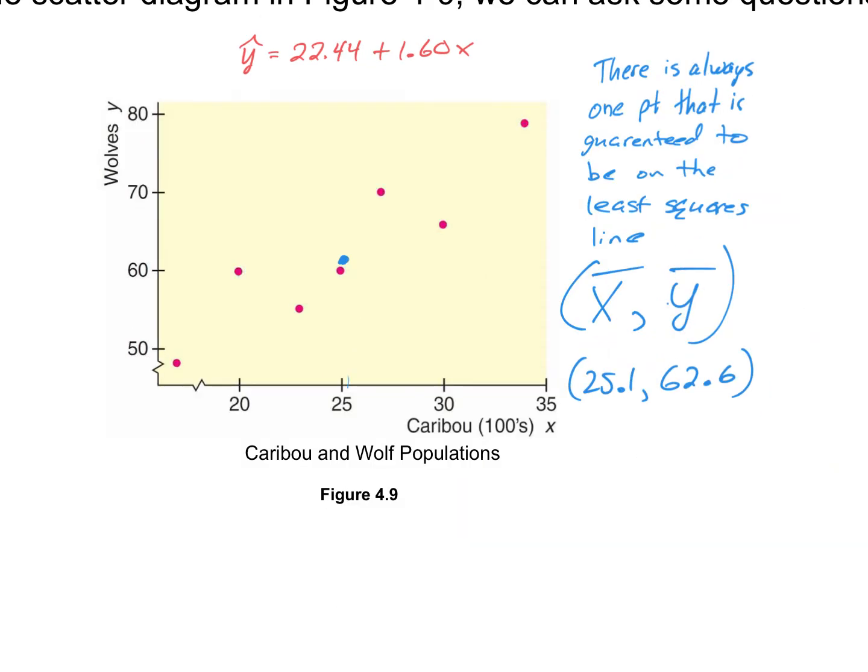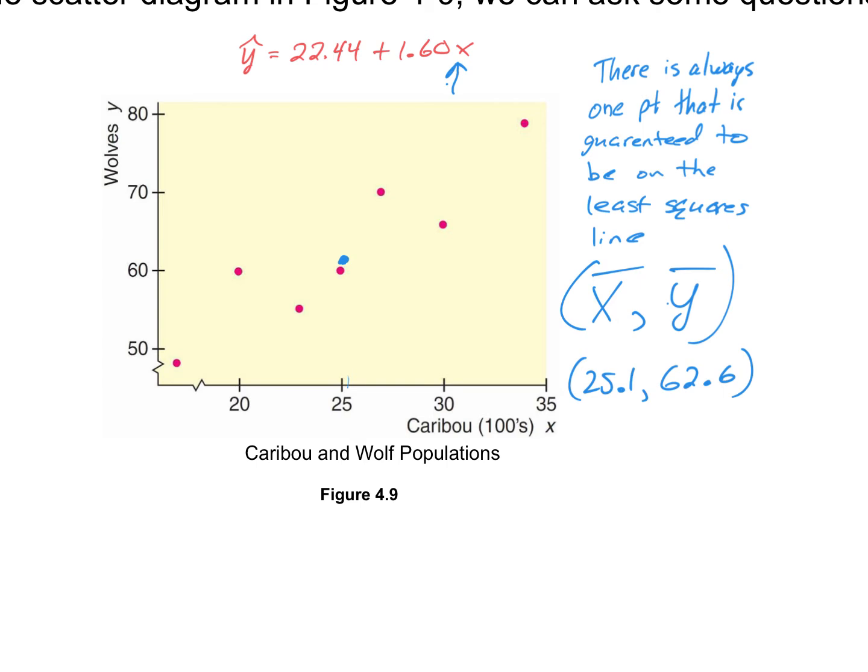Now, this is where I vary with the book. The book says, I want you to find another point. Everybody knows how, if they were given an equation, to find another point. You get to arbitrarily choose any value of x that you want, plug it into the equation, and get a corresponding y out.